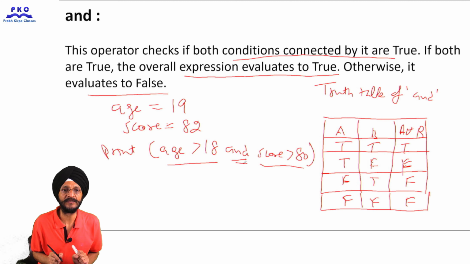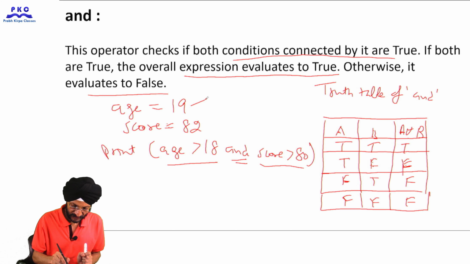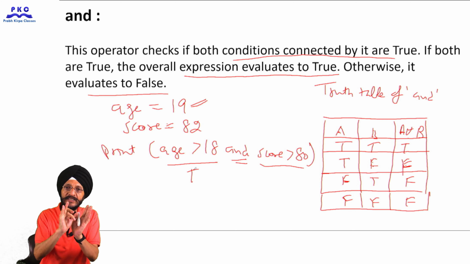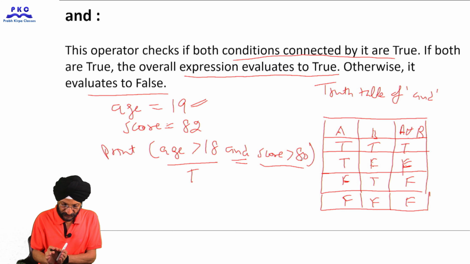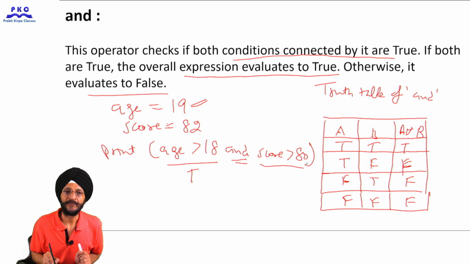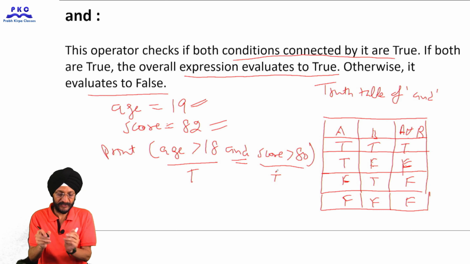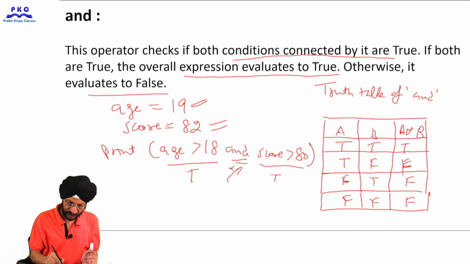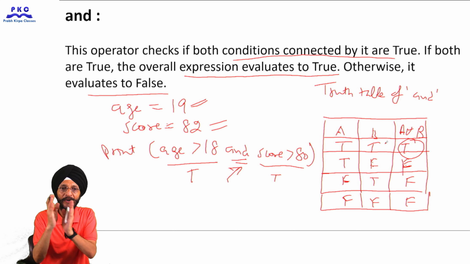What is the first condition? Age is more than 18. What has been given to us? 19. So this is true. Score is more than 80. Score is 82. This is also true. First condition true, second condition true, and is the operator. What is the overall result? True and true, true.